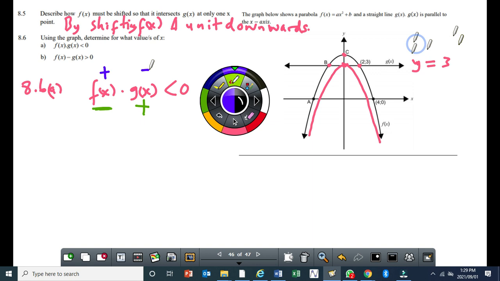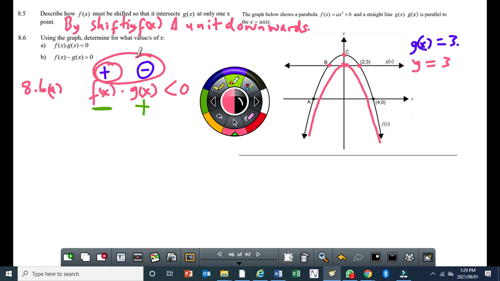So, we can never have a case where g of x is negative. That's not possible. Which means my f of x can never be positive. So this one is out. g of x can never be negative, therefore f of x can never be positive.